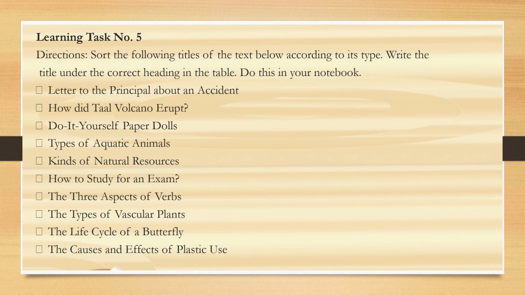Learning task number 5. Sort the following titles of the text below according to its type. Write the title under the correct heading in the table. Do this in your notebook.